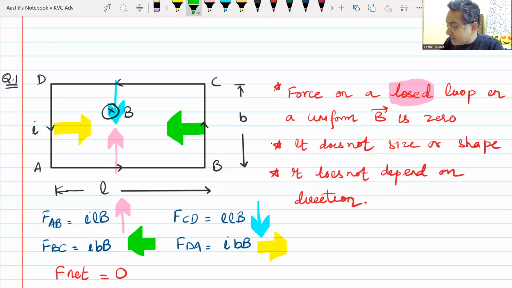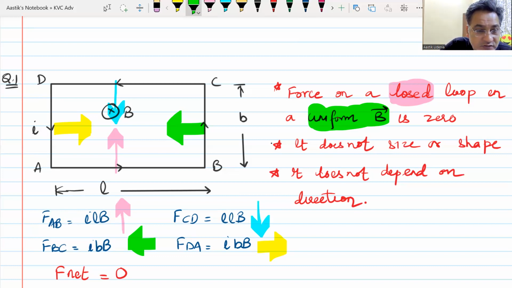The second thing is the magnetic field has to be uniform. If you have a closed loop placed in a uniform magnetic field, the net force acting on the loop is always going to be 0. It does not depend on the size or the shape or the orientation or the direction in which that loop is kept. I'll give you 2 minutes to note this down.